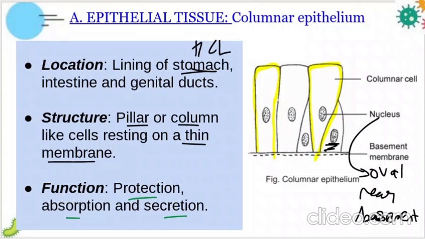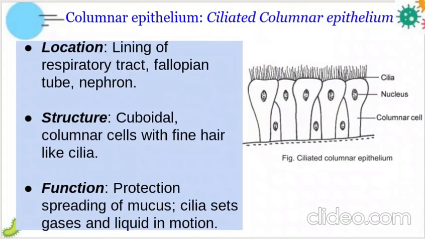Now, columnar epithelium also has one type, that is ciliated columnar epithelium. I know it's a very long name, but we have to remember it. Ciliated means they have cilia on them. They are hair-like structures.